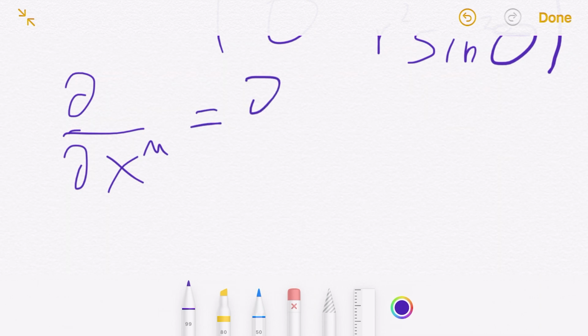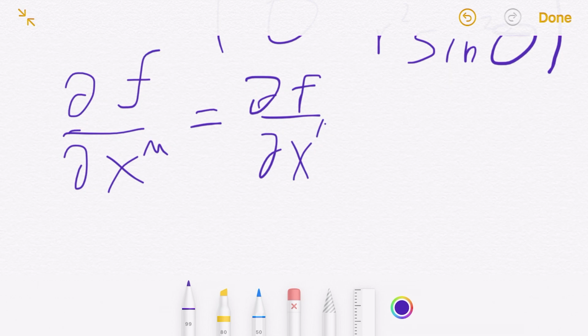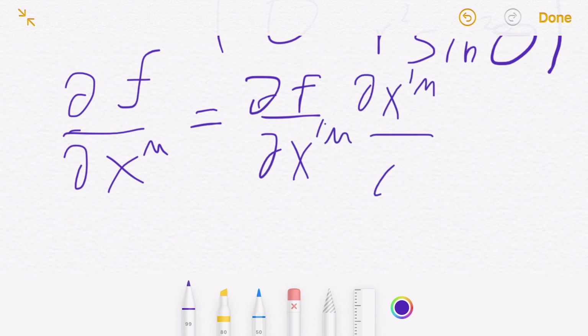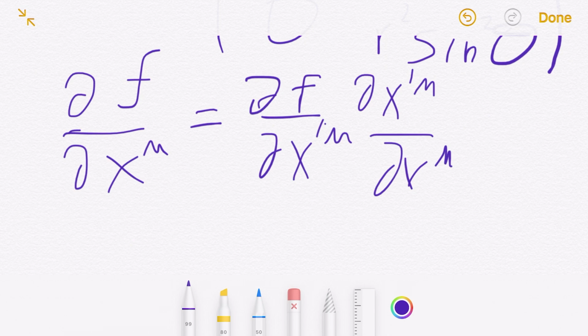As you can see, suppose I put f, it's df over dx prime mu, dx prime mu over dx mu. So it transforms as a covariant vector. Of course, this is using Einstein's summation convention.